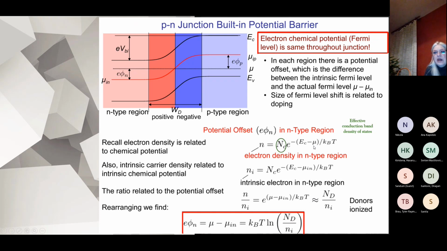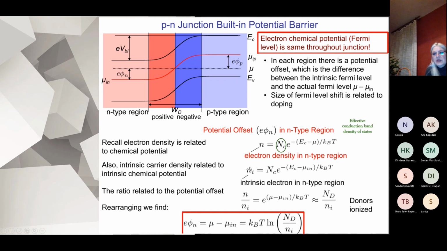Just to remind you, when you have a heavily doped sample, your chemical potential is really close to the bottom of the conduction band, so this part becomes small, you have a negative exponent, and your electron density grows.